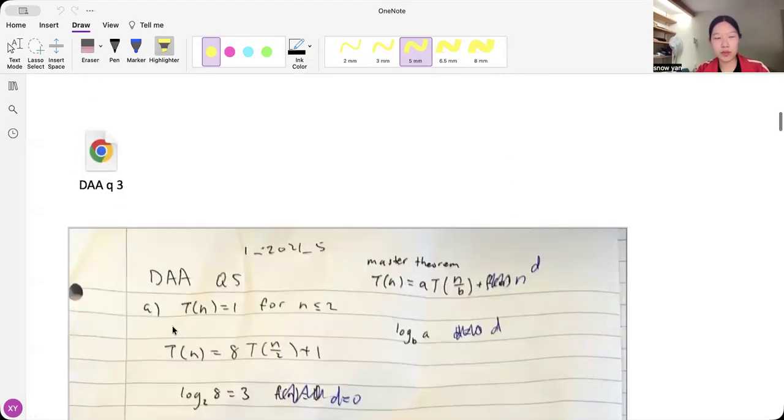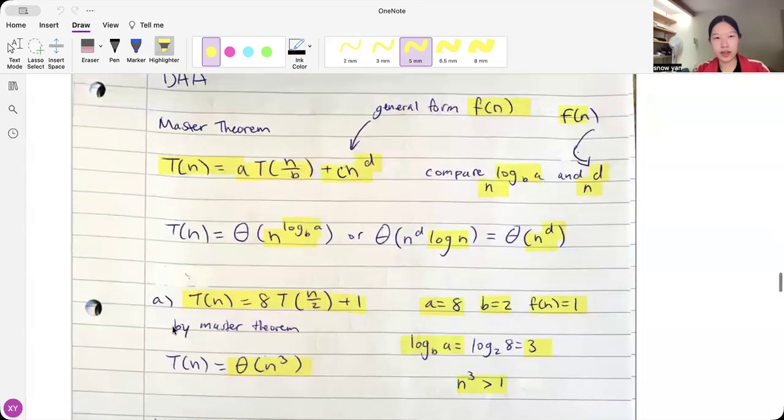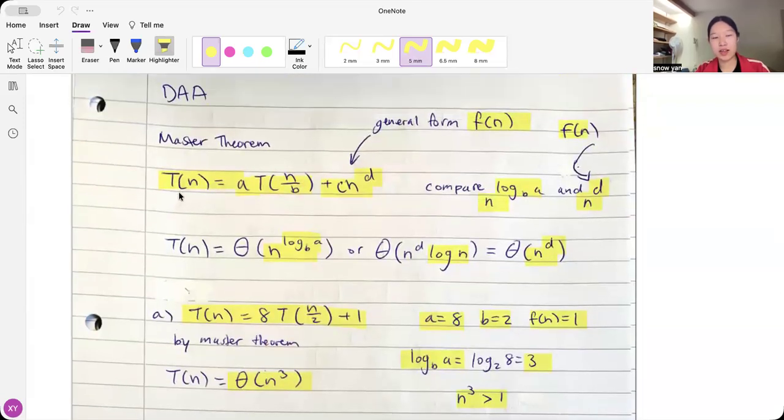In the first one, the master's theorem, I have to go through the format. It usually follows this form: T(n) = a times T of a smaller subproblem, which is divided by something, plus c n^d, where in general form it is f(n).